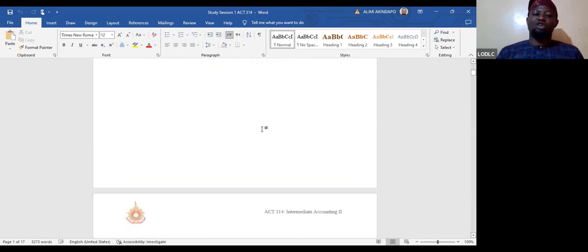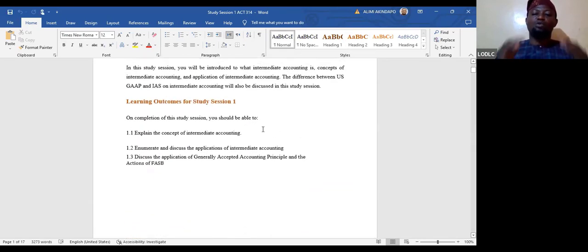At the end of this particular topic, the students should be able to explain the concept of intermediate accounting. Students should be able to enumerate and discuss the application of intermediate accounting. And lastly, students should be able to discuss the application of generally accepted accounting principles and the actions of FASB.